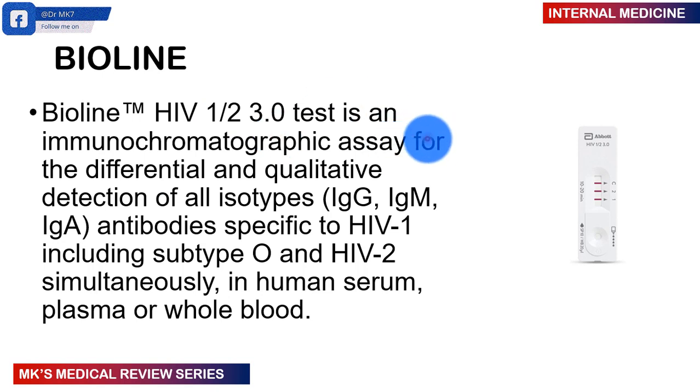This one can enable you to detect antibodies against type 1 and type 2, type 1 including the subtype O. You can determine which one this individual has. So usually the BioLine is what we use as the definitive test. Once you get the BioLine and it's positive, you definitely have HIV.